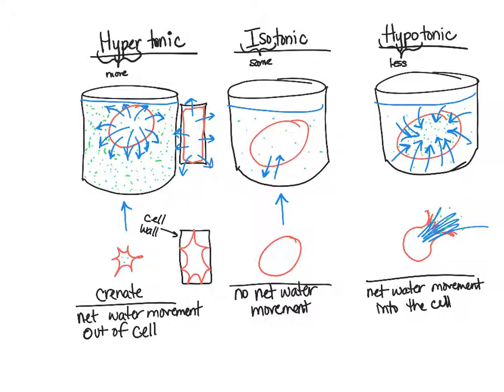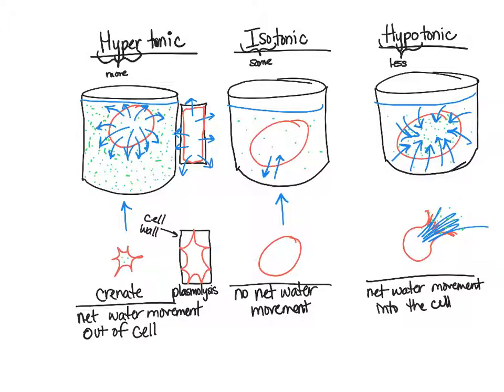And since the plant still maintains the cell wall out there, it maintains its shape, and it doesn't crenate too much. It actually still is attached to the cell wall. This is called plasmolysis. So we have shrunk down this cell, and it's still kind of attached to the cell wall, so it's okay, but it's lost a lot of its water.